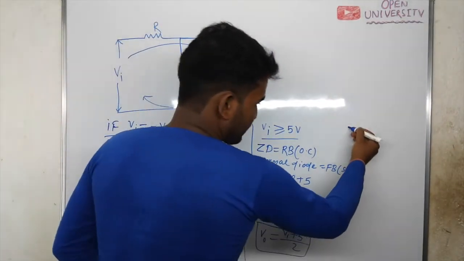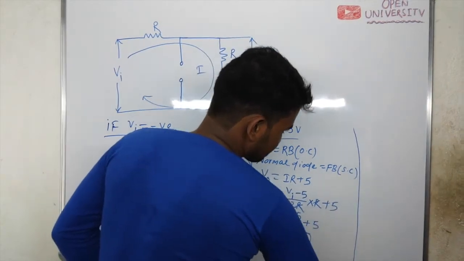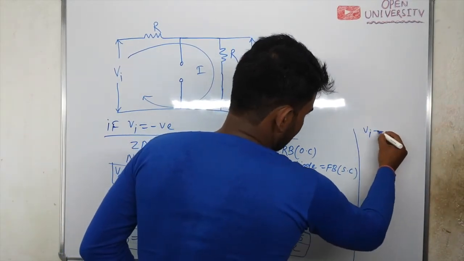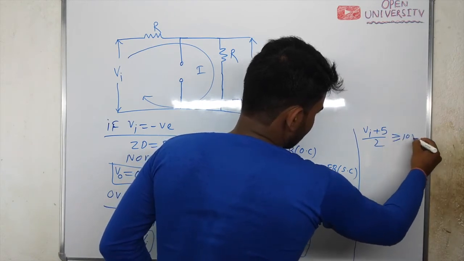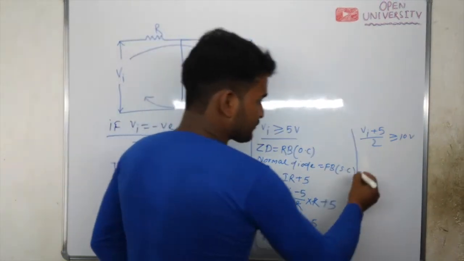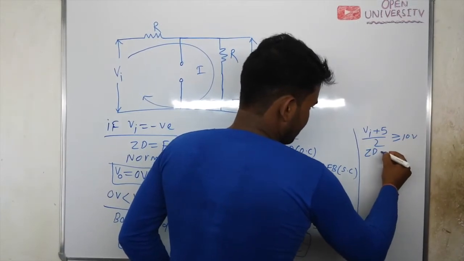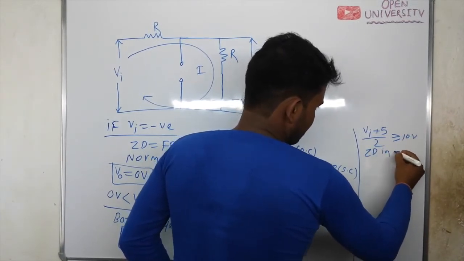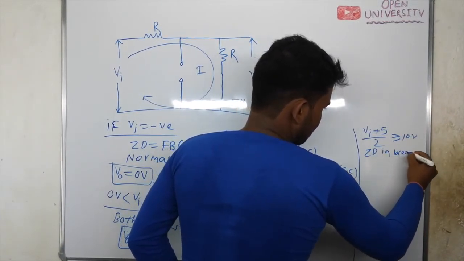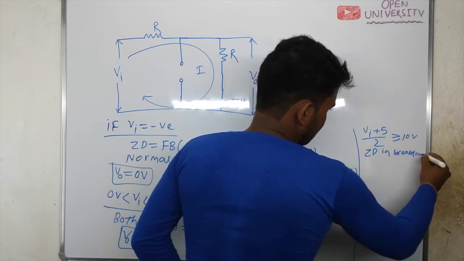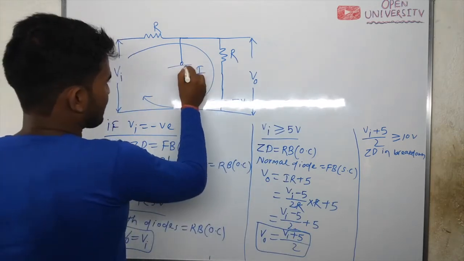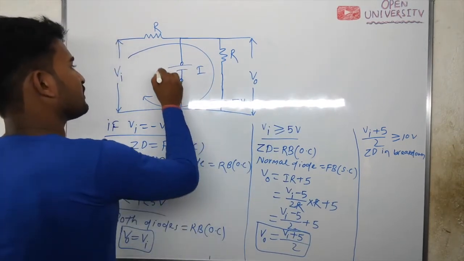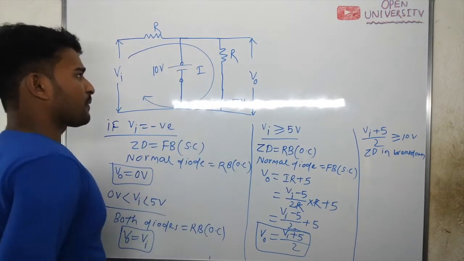That is, if Vi plus 5 divided by 2 is greater than or equal to 10 volt, then your Zener will break down and behave like a constant voltage source like this. How much? The breakdown voltage, 10 volt.